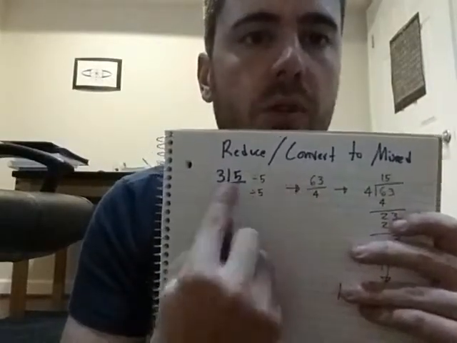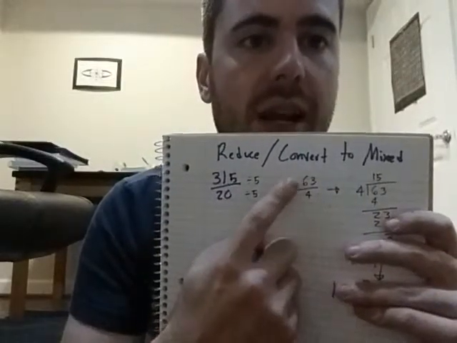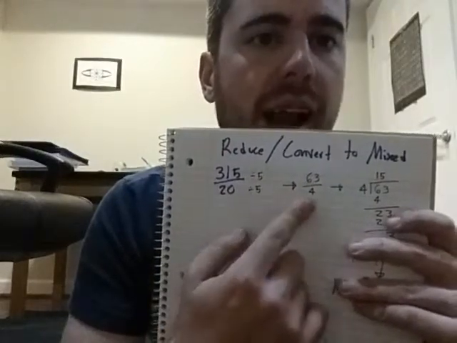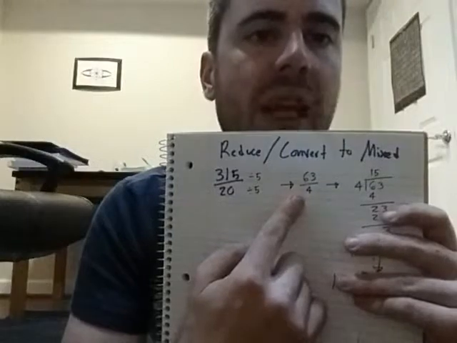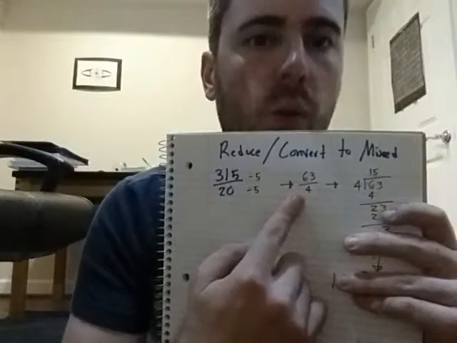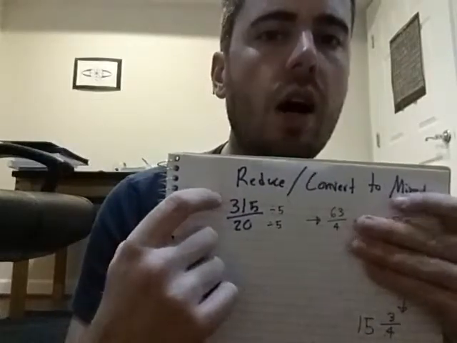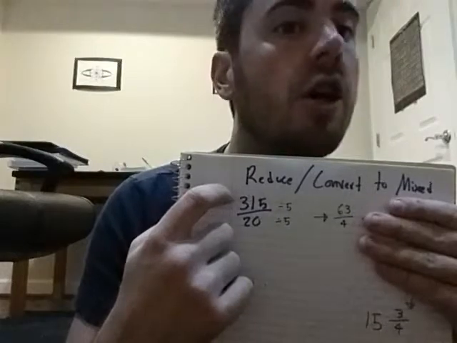It does. 315 divided by 5 is equal to 63. I've reduced our numerator to 63, and our denominator is 4. So our new equivalent reduced fraction is 63/4.